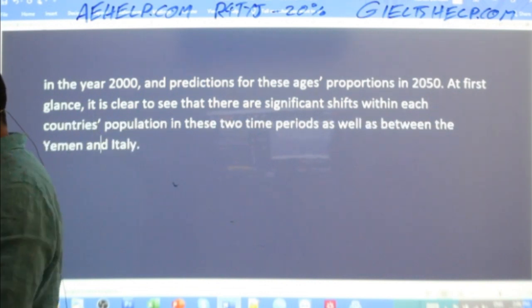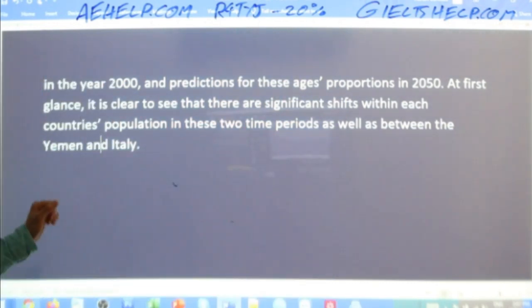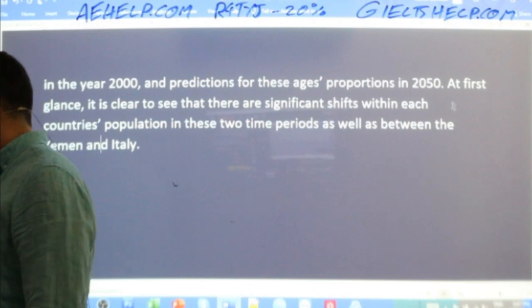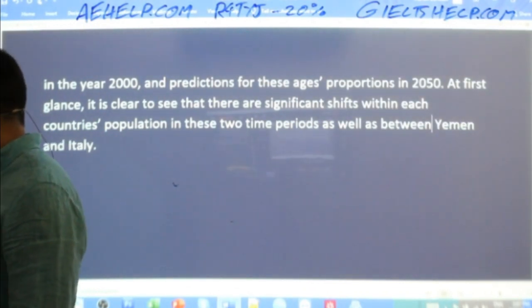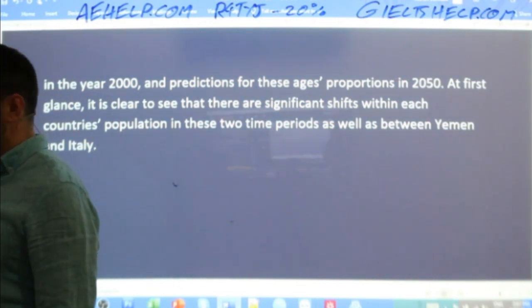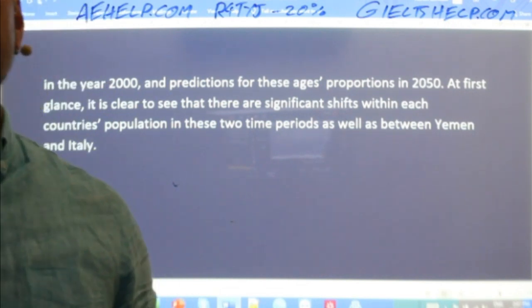Population in these 2 time periods, as well as between Yemen and Italy. Okay. All right. So that's my overview. Now it's roughly looking the same as yours, hopefully. And now we can go on to the analysis.